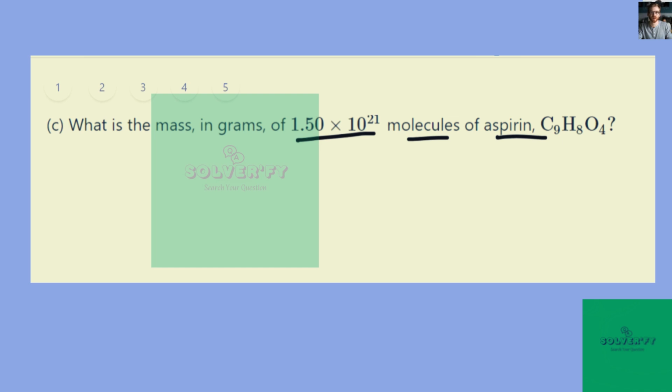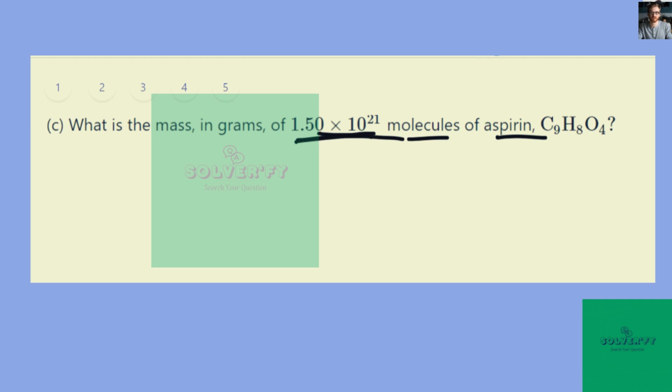First we have to find out what is the number of moles for this many molecules of aspirin, and from there, as we know, there is a relation between the moles and mass. So if we can find out the number of moles for this many molecules of aspirin, we can find out what is the mass of aspirin for this many molecules.